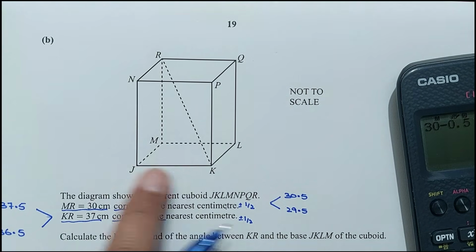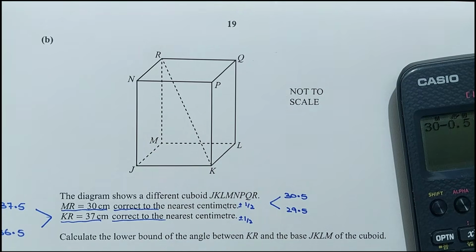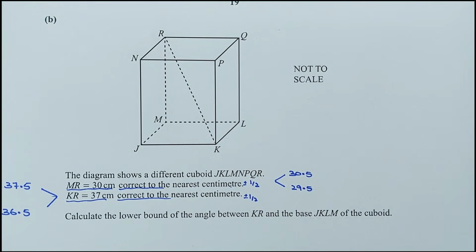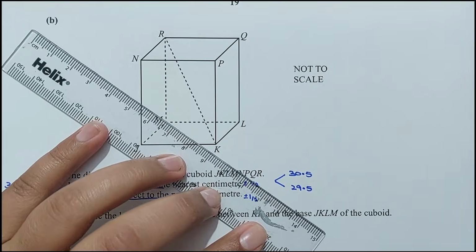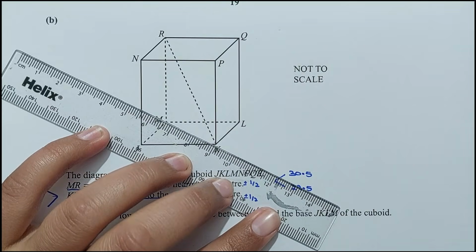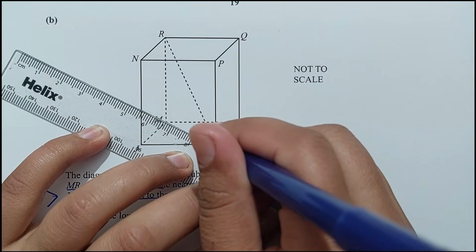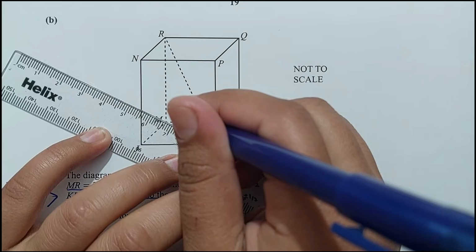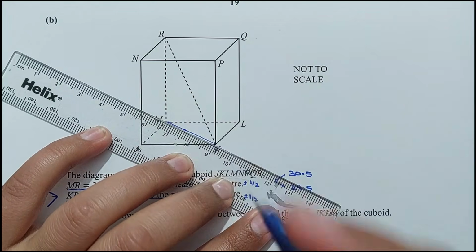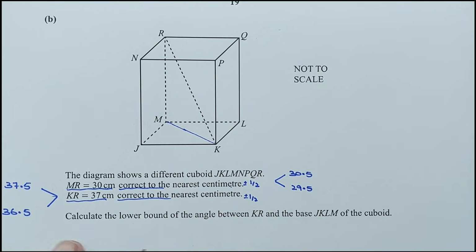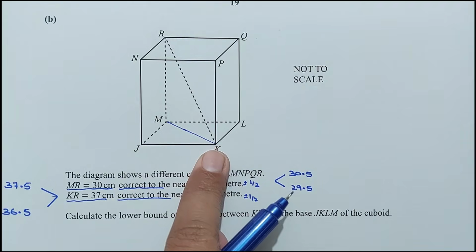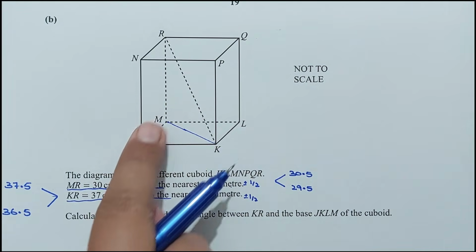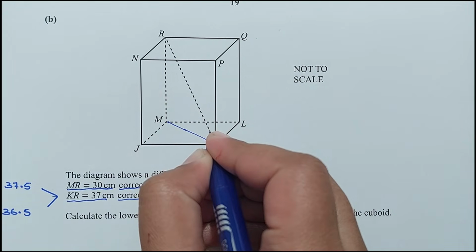Now calculate the lower bound of the angle between KR and the base JKLM of the cuboid. Let me connect K with M. So the angle between KR and the base JKLM would be that angle.